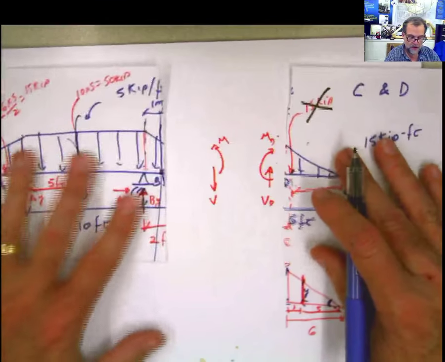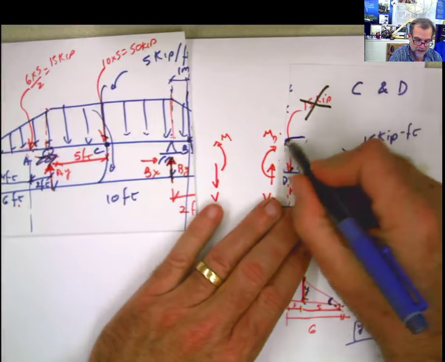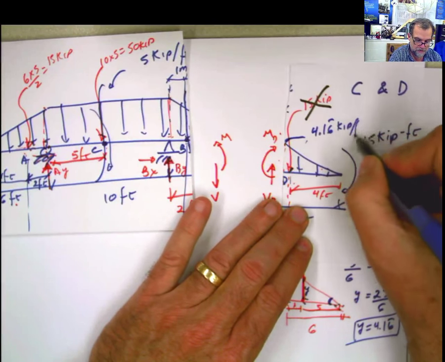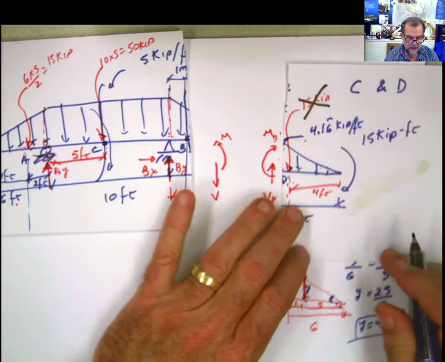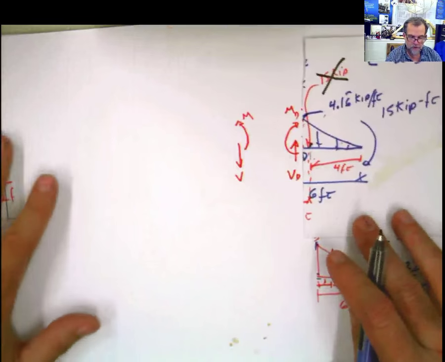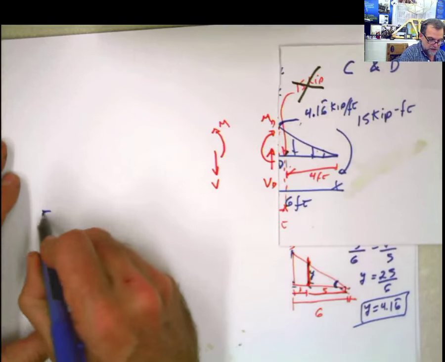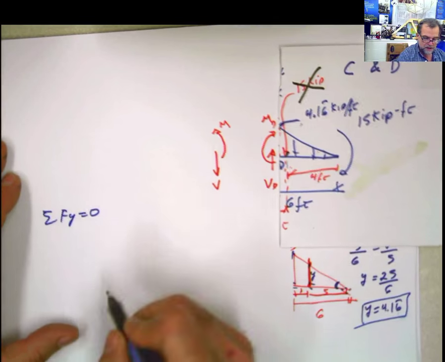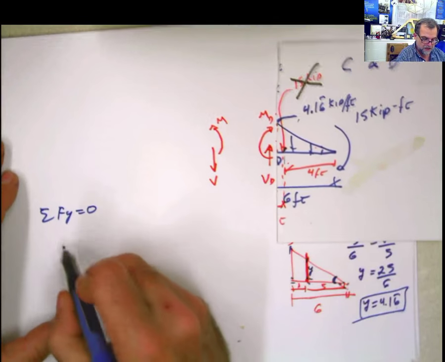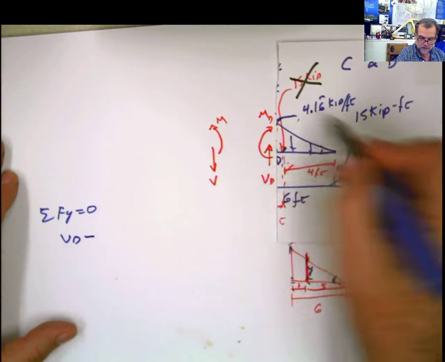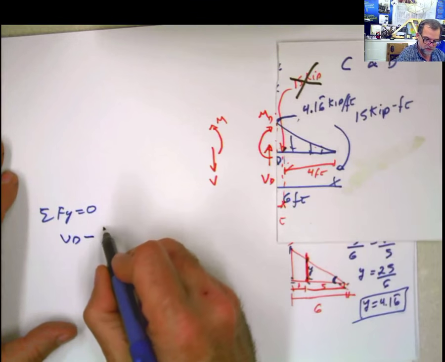Now you go back here and you say, okay, this height is 4.16 periodic kip per foot. Once you have that, basically your problem is solved, because you come here and say, let's do this part then, and let's say summation of forces in y equals 0. So you say VD minus the force coming from this triangle. What is the force coming from that triangle?